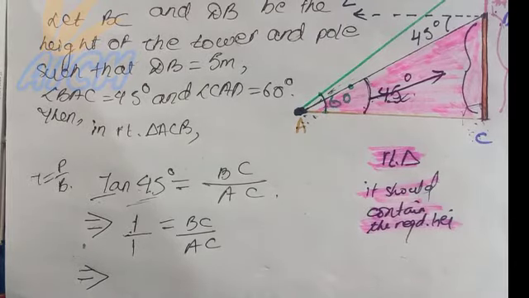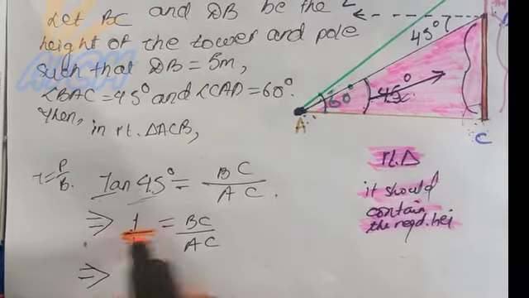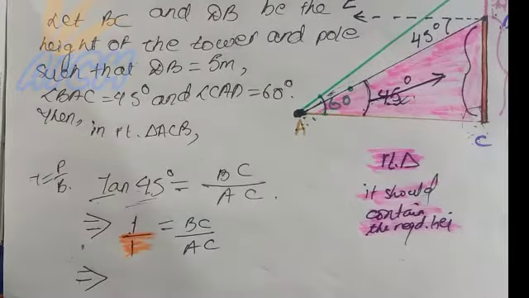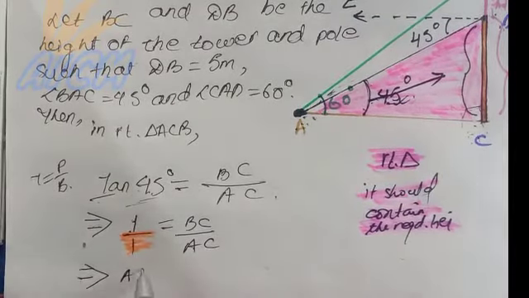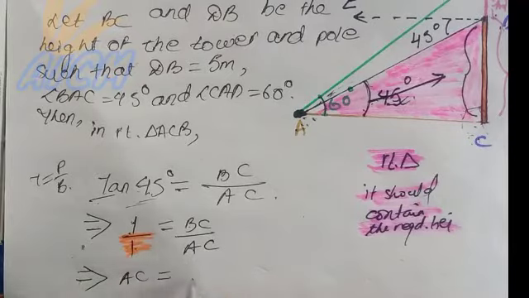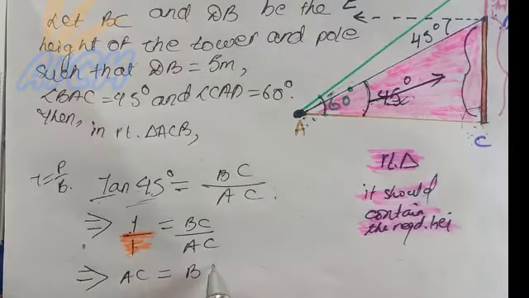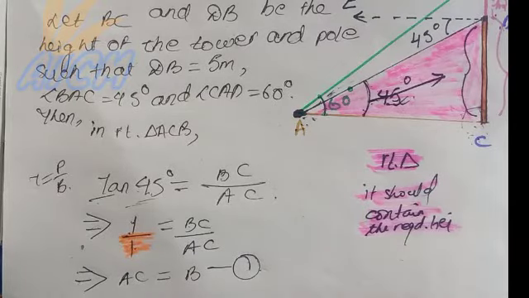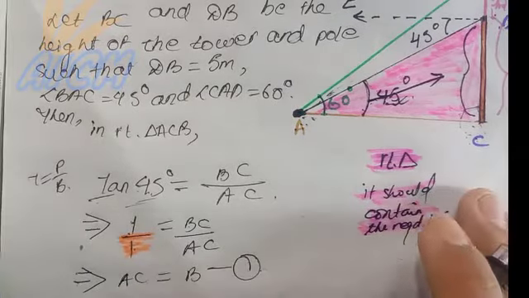You don't necessarily have to write this in your calculation. Just keep in mind that if there is no denominator, then the denominator is 1. So let's do the cross multiplication. AC into 1 is AC, equal to 1 into BC. So AC is equal to BC. This is the first step of the calculation.